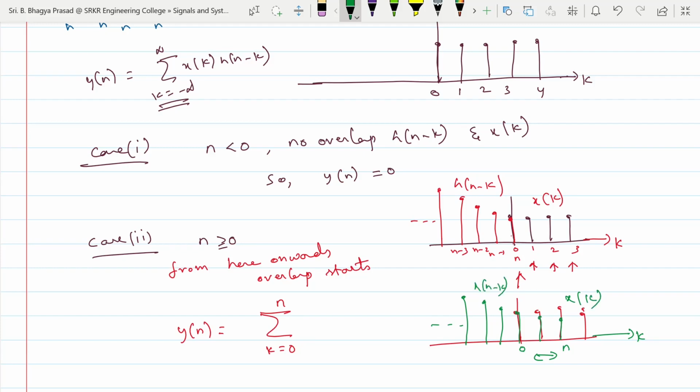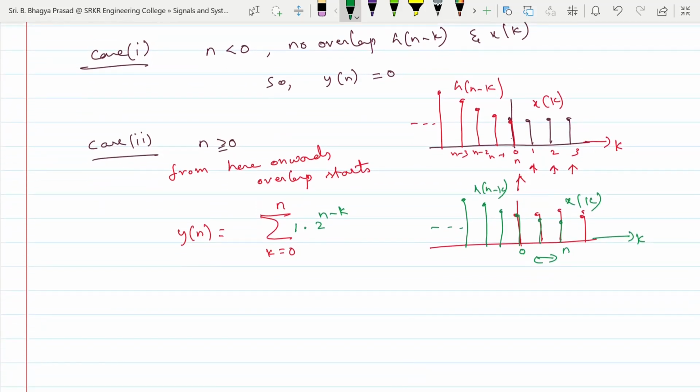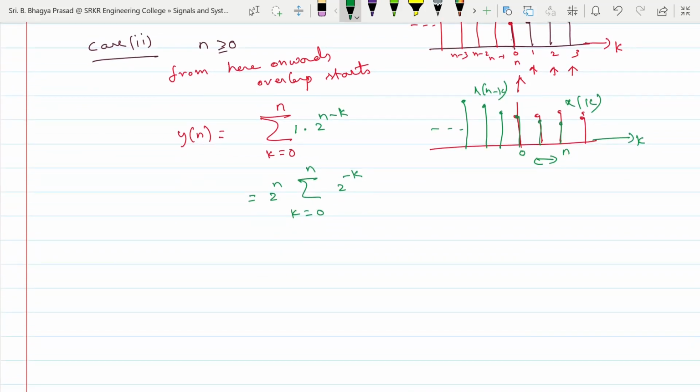So what is x of k? x of k is every time 1, which is the step sequence. And what is h of n minus k? h of n minus k is 2 power n minus k. So let us solve this summation: 2 power n, summation k equal to 0 to n, 2 power minus k. This is a finite geometric progression.